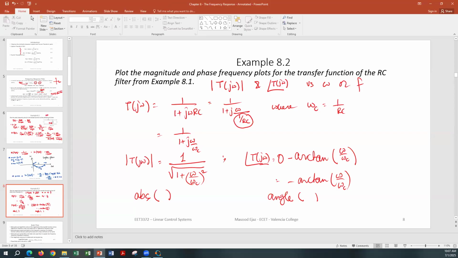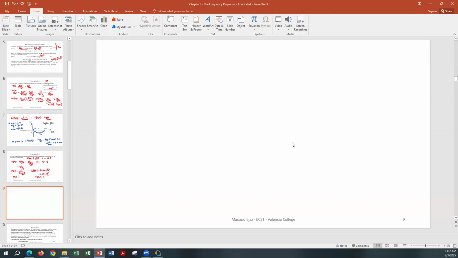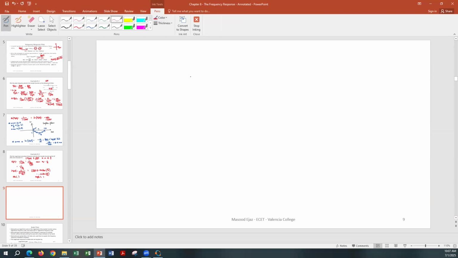Insert. Actually, I may not need the negative side that much. So starting at 0, this could be plotted against omega.